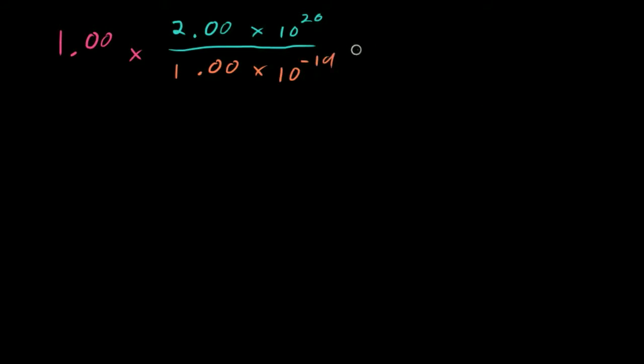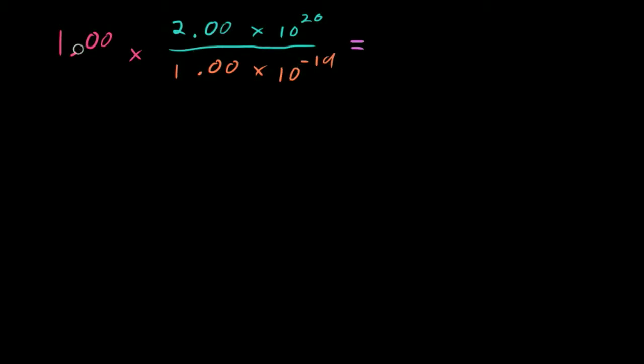This can be your own self-test to figure out how ready you are for your chemistry course. If you need a calculator to solve this, let's figure out what this would be.